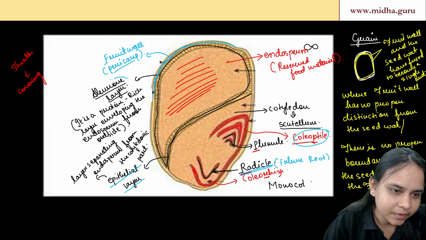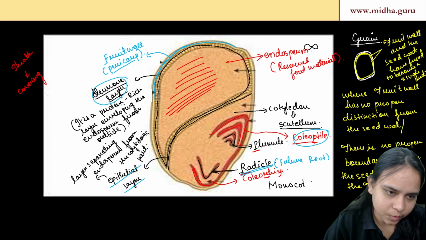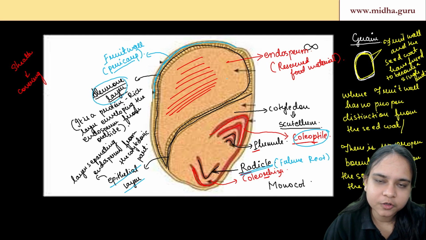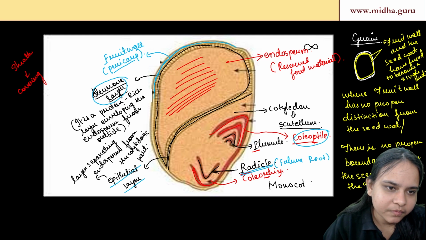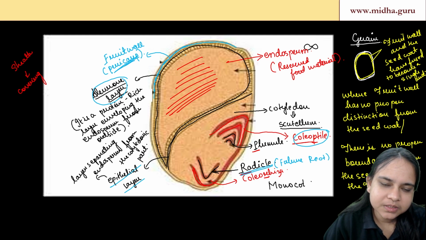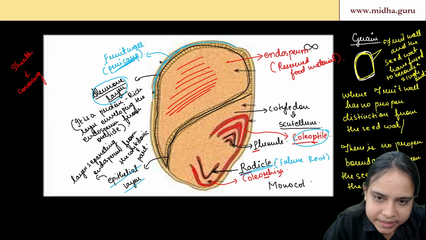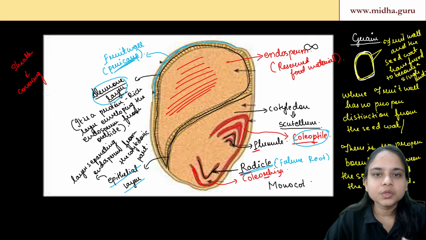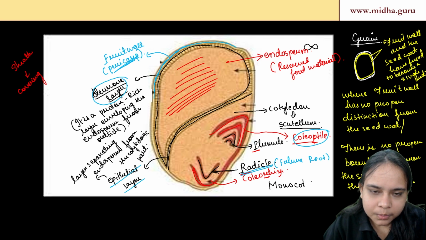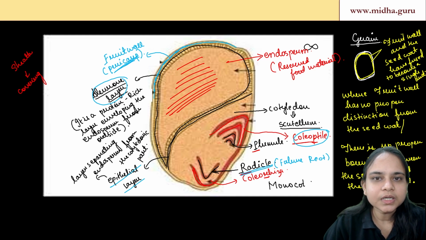We call it the aleurone layer, which is enveloping the endosperm from outside. Then the fruit wall is technically termed as pericarp, and from this diagram itself we can observe clearly that the fruit wall and the seed coat are fused. We cannot observe a proper distinction between the two.